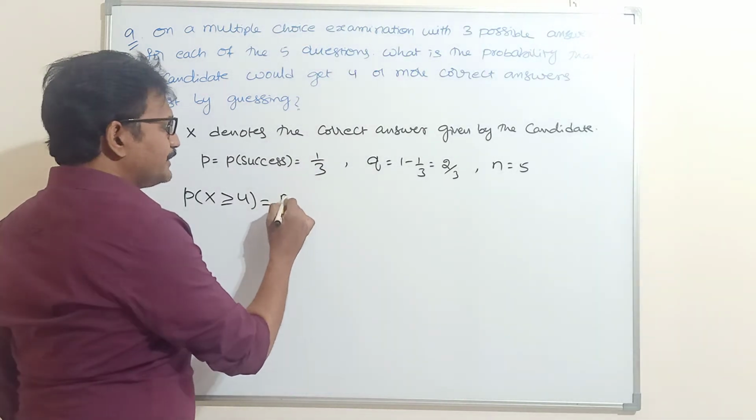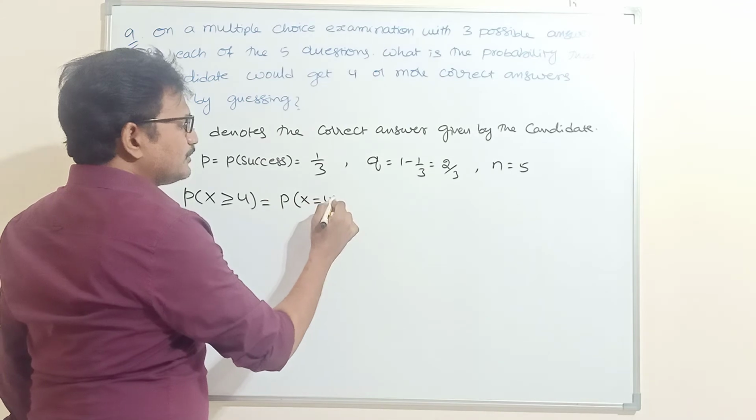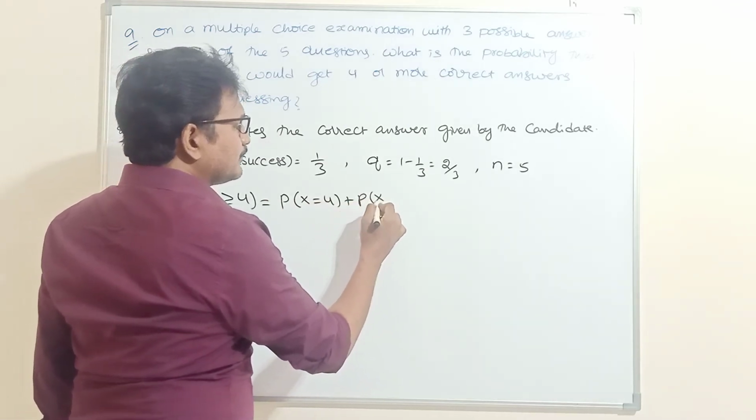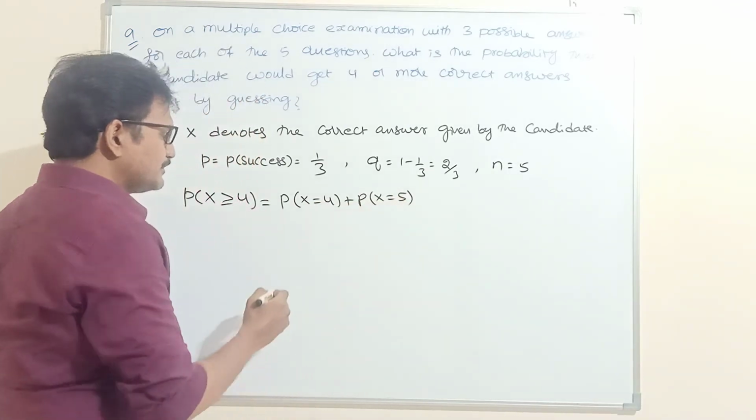So P of X greater than or equal to 4 is equal to P of X equal to 4 plus P of X equal to 5.